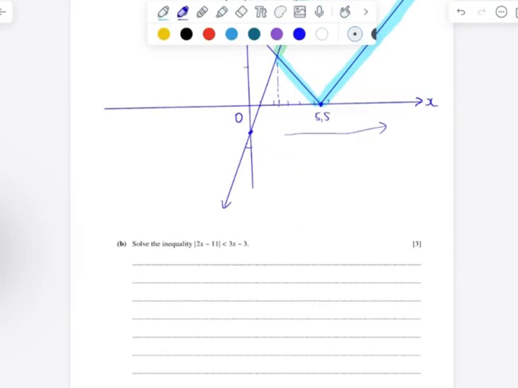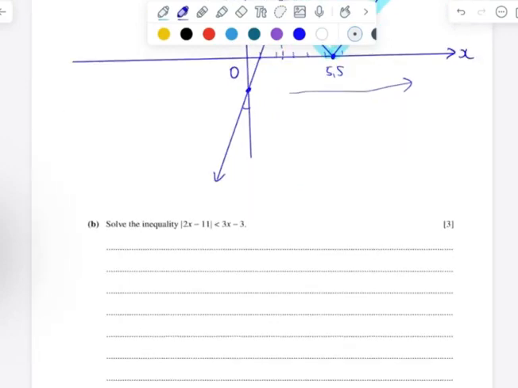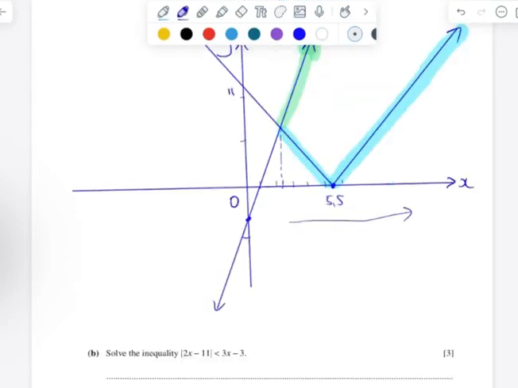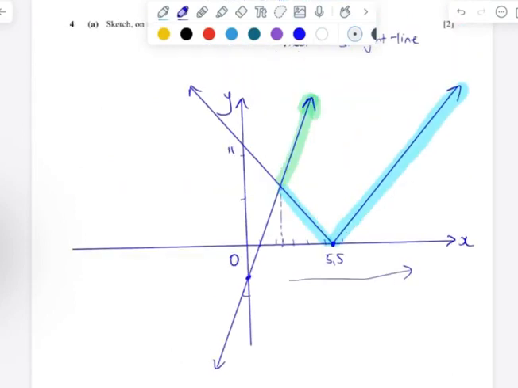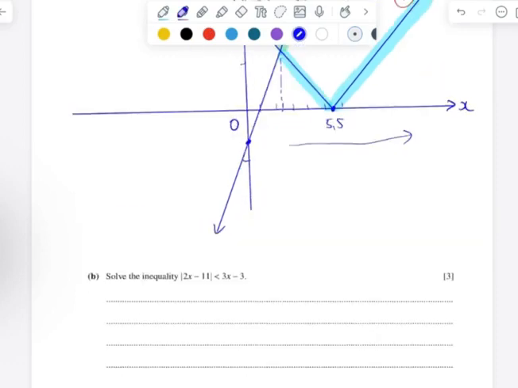Okay, so because I can understand my graph, I can just write down my mod. They are using the negative arm of the mod. This is the positive arm going to the right, and that's the negative arm going to the left. So where they intersect, I can see it's the negative arm equal to the straight line. So that is minus 2x.